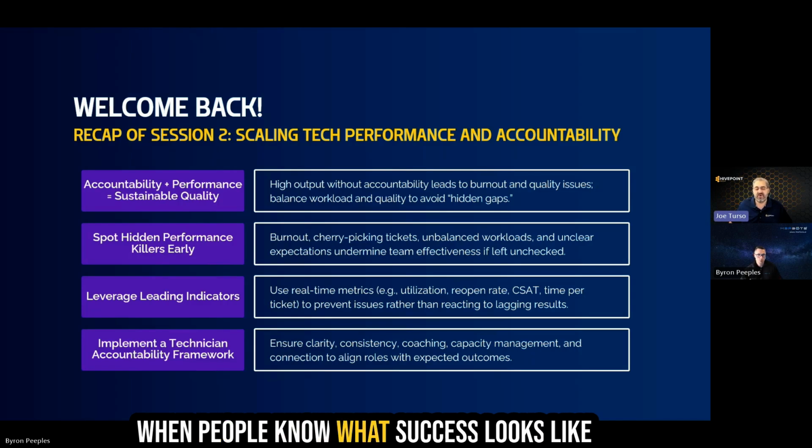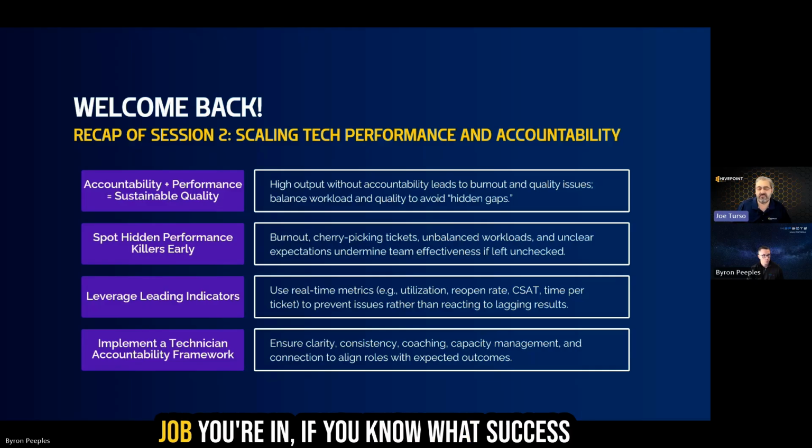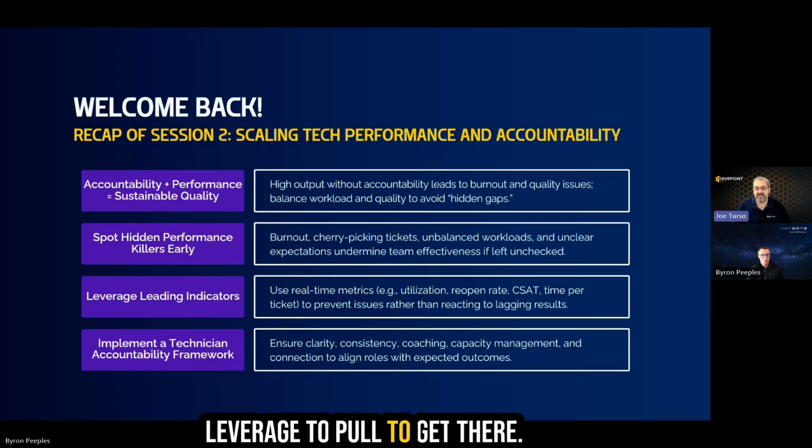When people know what success looks like across the board, doesn't matter what job you're in, if you know what success looks like, you know when you've gotten it. You've got to know what levers to pull to get there. So when you have that clarity and consistency in your job, and you can see visually that you're hitting it, you're going to get better outcomes.